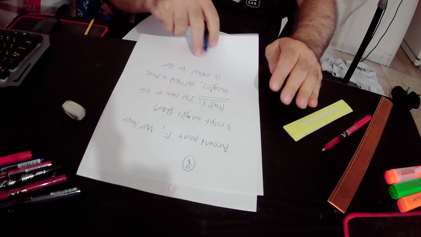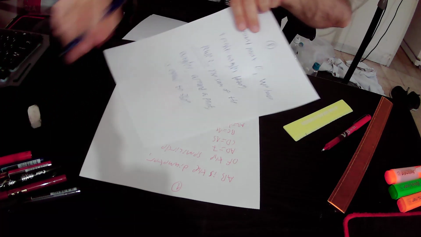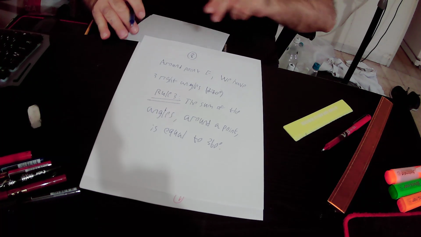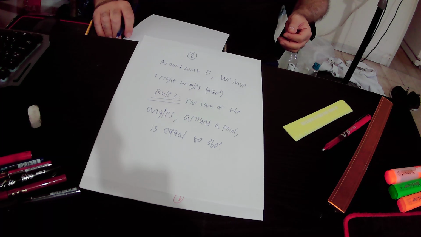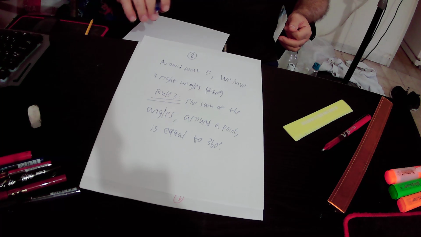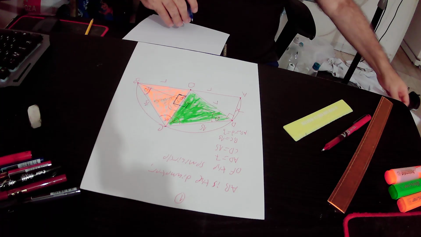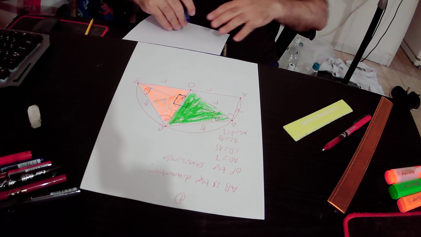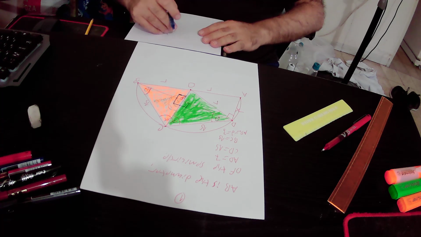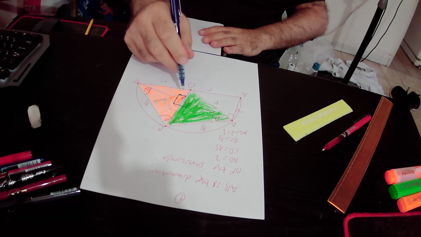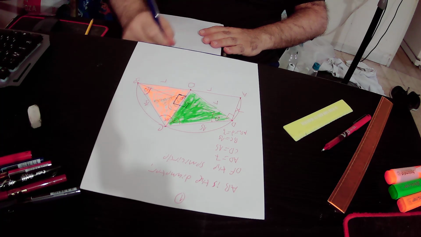I will read rule number 3 again. Rule number 3 states that the sum of the angles around the point is equal to 360 degrees. So from rule number 3 we can deduce that the sum of the angles around point E must be equal to 360 degrees.